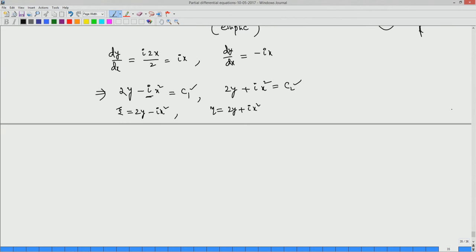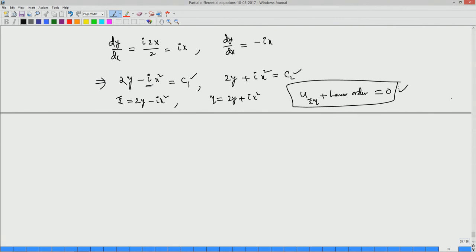If you do like this with these xi and eta variables, you end up like the hyperbolic case, u xi eta plus lower order terms equal to 0, but xi and eta are complex valued functions of x and y. So, this is how you get one canonical form. So, you always choose real valued variables.